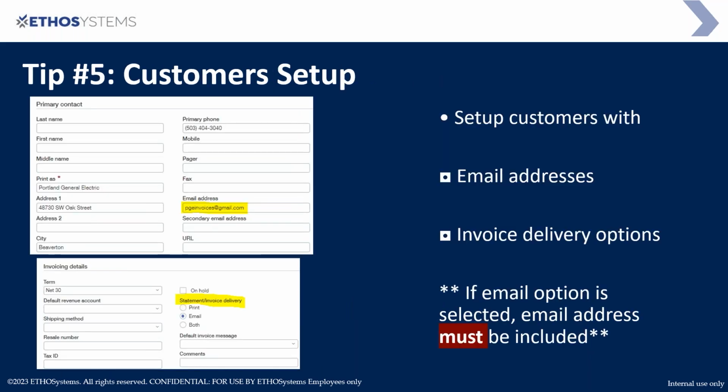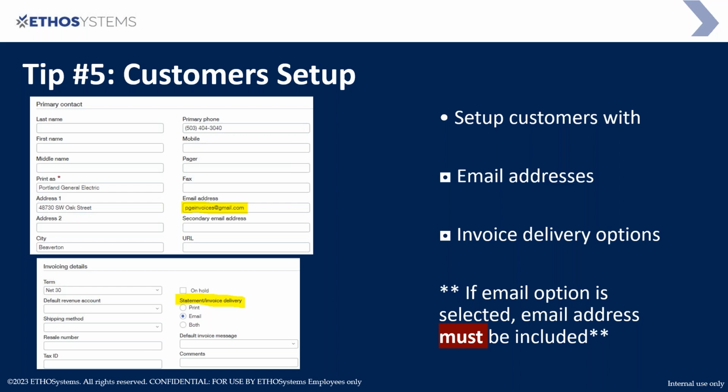Then the next thing we need to set up correctly is the customers, along with bringing in their addresses and their names. We also need to think about how we want the customers to receive the invoices. On the import template of customers, we normally have a feature where we determine whether we want the customer to receive an email invoice, or if we want to print it and mail it out to them.